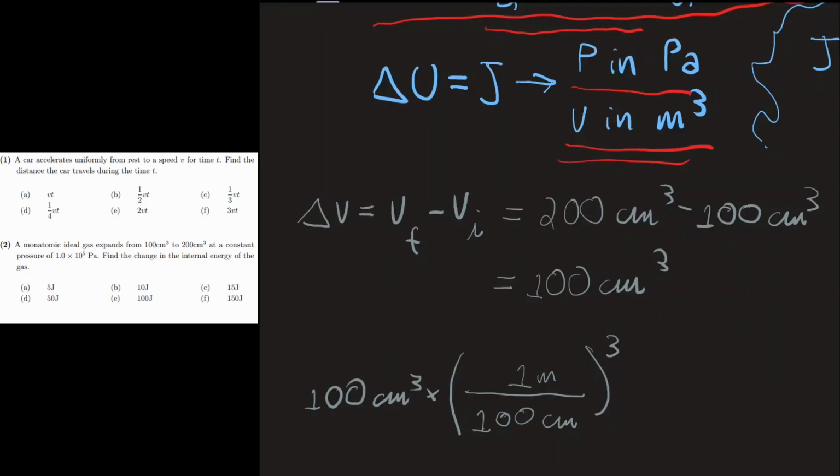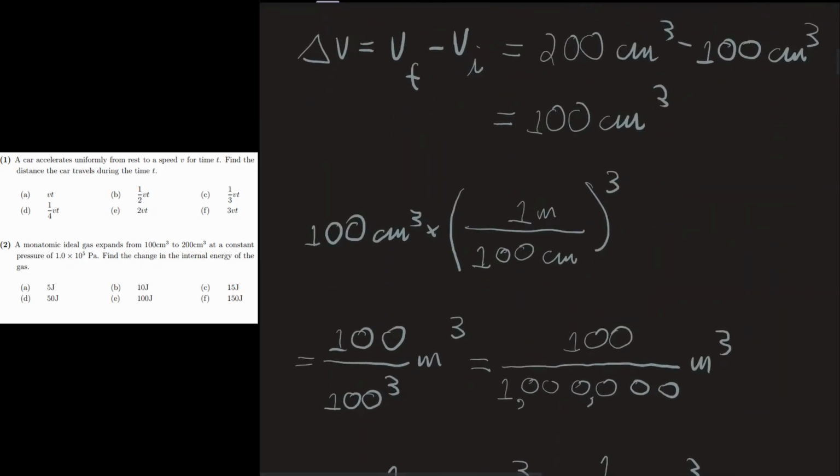So to find the change in volume, we take the final volume minus the initial volume, and that's given in the question, and it's equal to 100 centimeters cubed. To convert to meters cubed, I multiply by the conversion factor right here: 1 meter per 100 centimeters, all cubed.